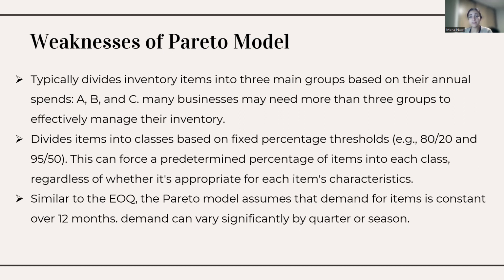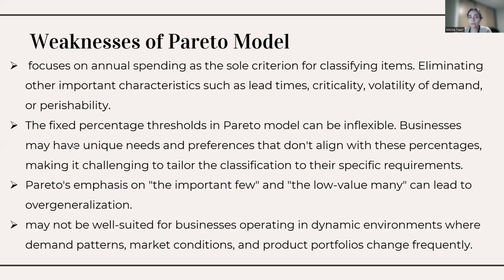Some items that fall into the same class may have vastly different characteristics, and treating them the same way can result in suboptimal inventory management. Additionally, this model may not be well suited for businesses operating in dynamic environments where demand patterns, market conditions, and product portfolios change frequently. It may not adapt well to shifts in demand or product characteristics.